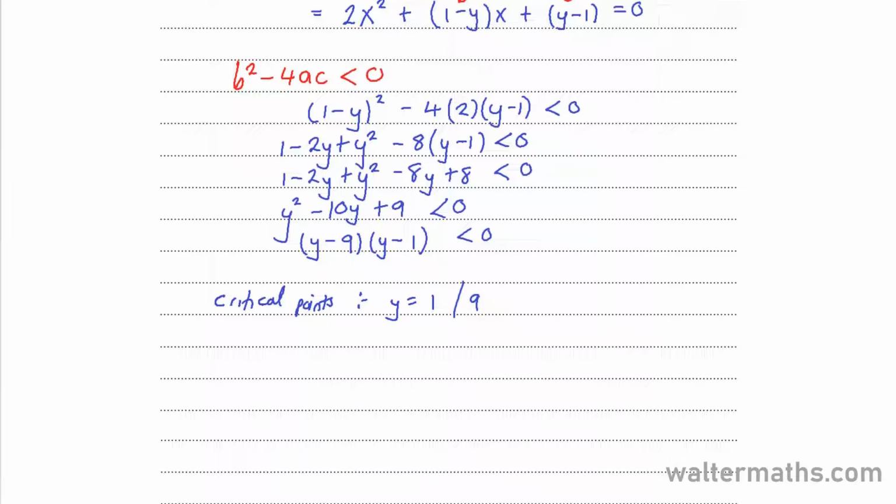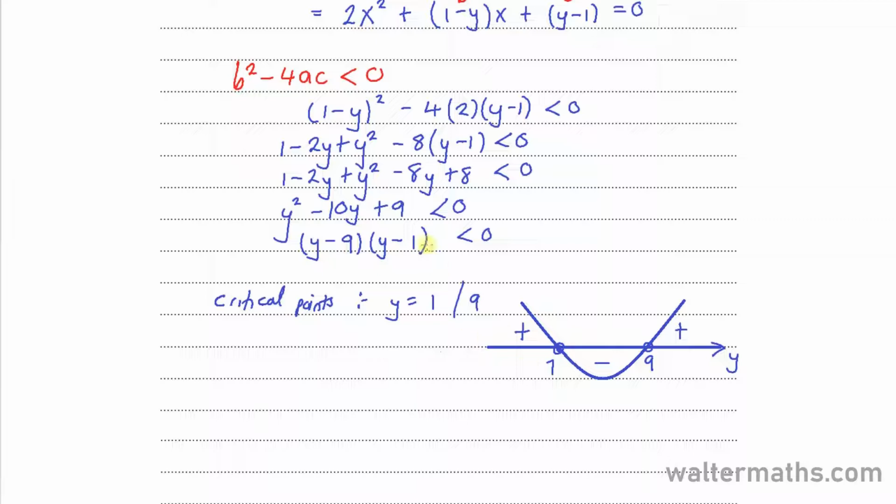Right, so to find the set of values that satisfy this inequality, I'll make a little sketch. Here, this is y, and it's a U-shaped quadratic where we have greater than 0 above and less than 0 below. And this point here is 1 and this point here is 9.